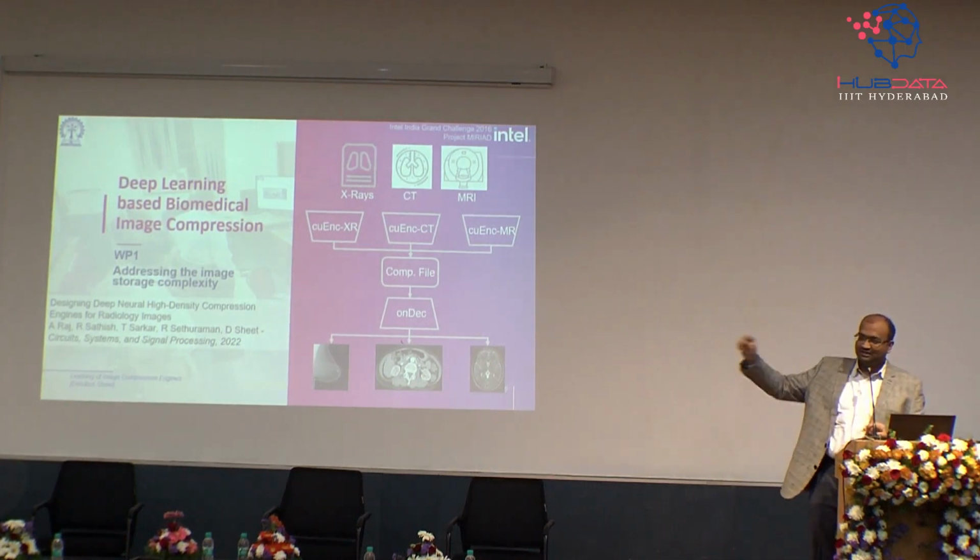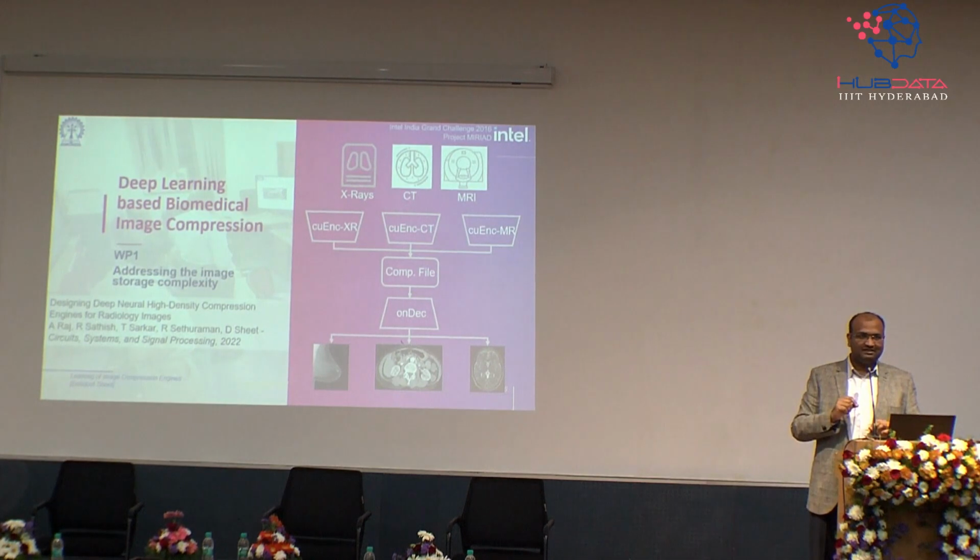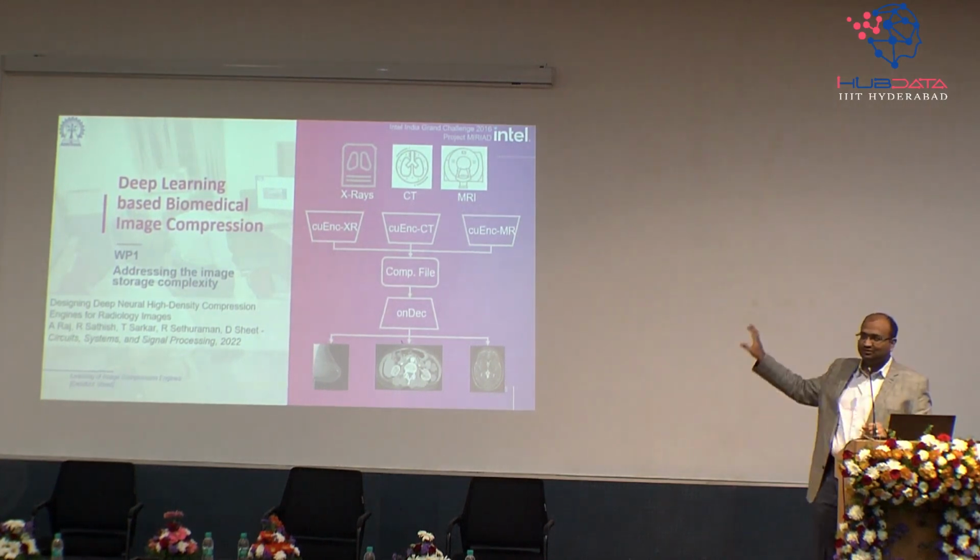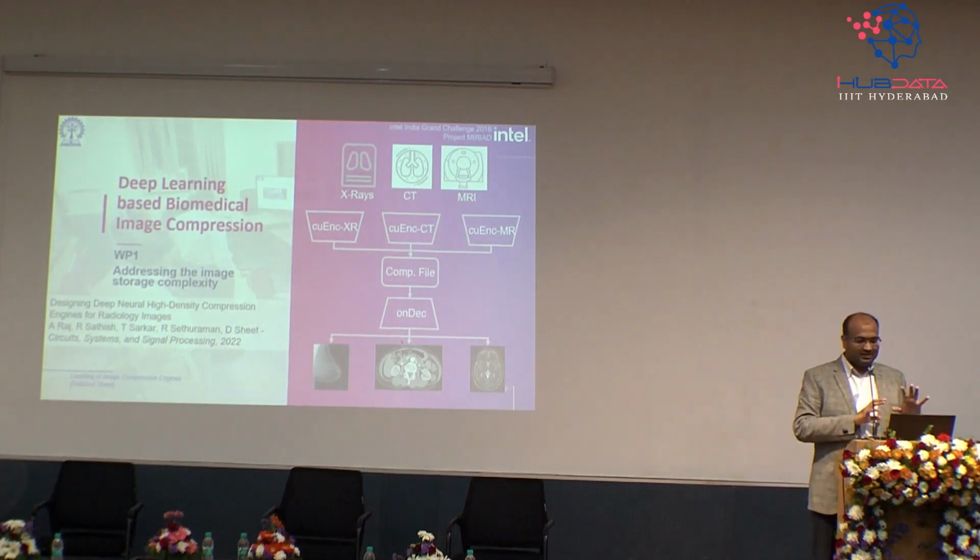For a radiologist, they don't know what kind of images they are going to get. Sometimes they get an X-ray, sometimes a CT, sometimes an MR. So over there, you need a decoder or a decompressor which can work across all modalities. This is the very standard way why we had chosen this kind of segregation of the model.